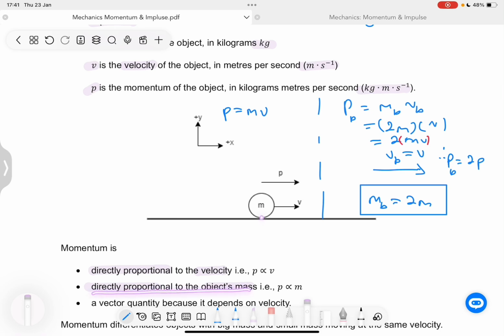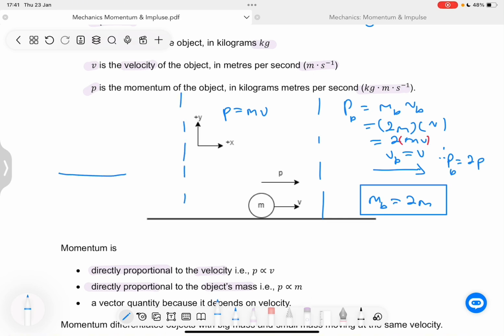So we use this relationship to compare the momentum of one object to the momentum of the other object. We still have a direct proportional relationship. When you increase the mass, the momentum will also increase. It will be 2m. The same can be said with decreasing the mass.